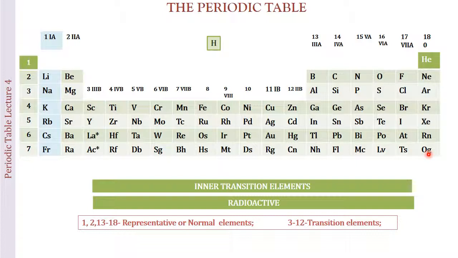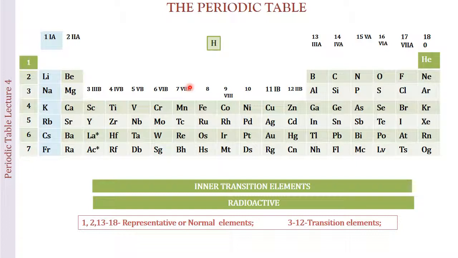Now what about the B groups and subgroups and the 8th group? So B is going to start with the 3rd, and this has the last electron filling into the D and the F subshells. Okay, so 3 is 3B, 4 is 4B, 5 is 5B, till 7B it is 3, 4, 5, 6, 7. I hope it is easy to remember.